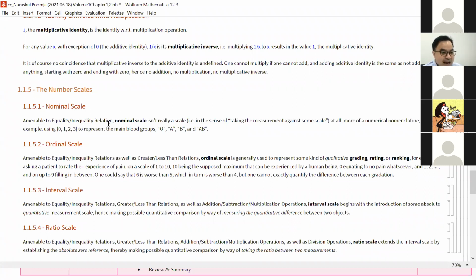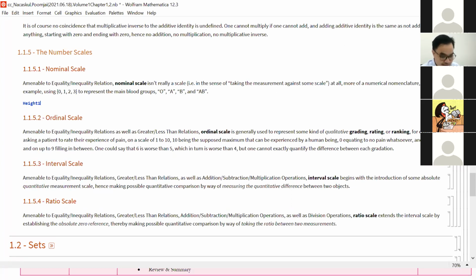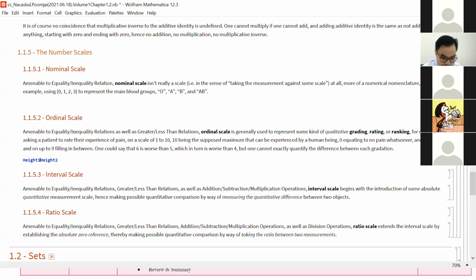But if you have something like height, yes. Is the person the same height? You can do that. Is someone taller? Yes. How much taller? Yes. How many percent is that person taller? So all this you can say with height. You can say height 1 equal to height 2. You can also do is greater than.